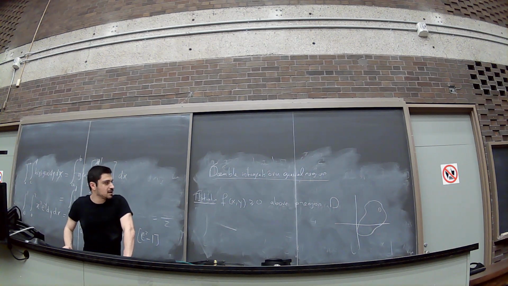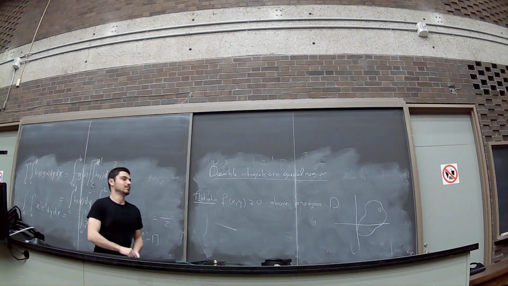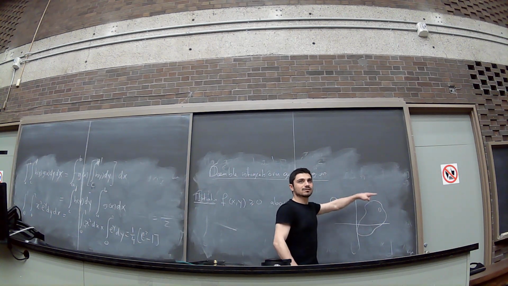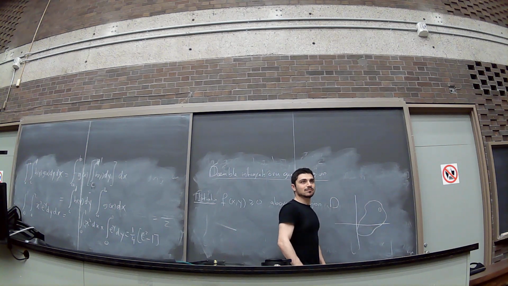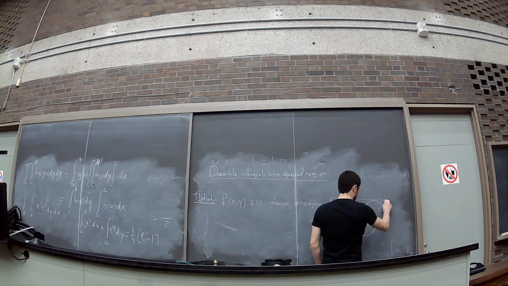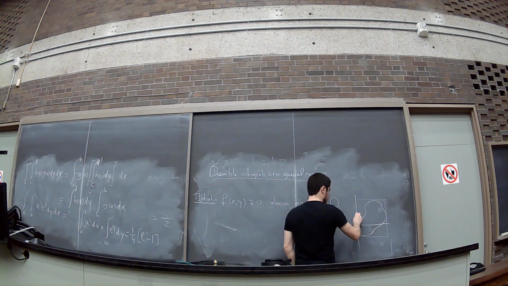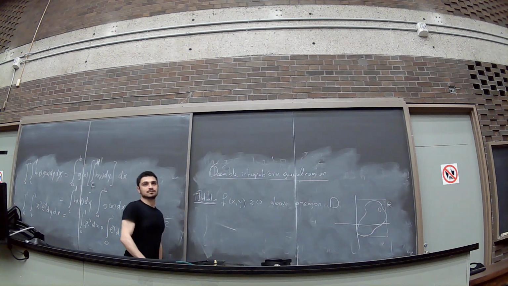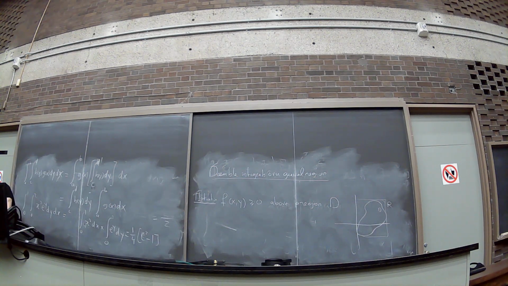The idea is to embed it in a rectangle. Okay? But can you draw a rectangle that contains D or not? Can you draw a rectangle that contains D? Let's draw this one here. And let's call this R. Okay, that's sweet.